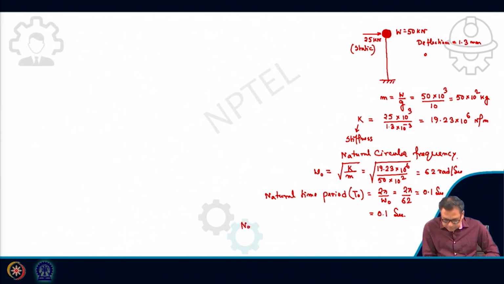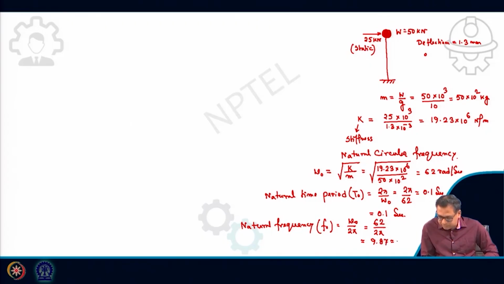And then the natural frequency F0, which is 1 by T0, will be omega 0 by 2 pi. So omega 0 is 62, divided by 2 pi, so this will be around 9.87 or 10 hertz. So the natural frequency of the system is 10 hertz, and the natural period is 0.1 second.